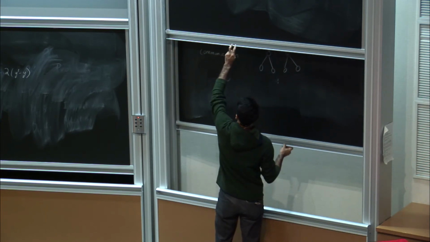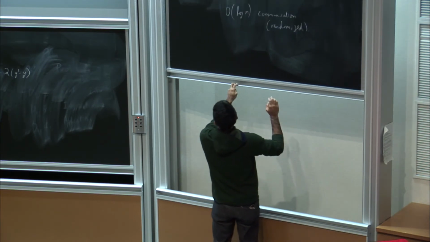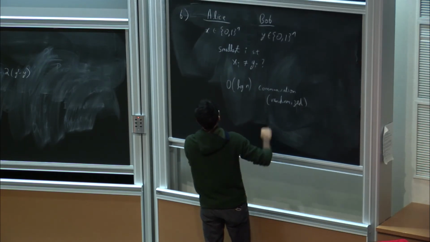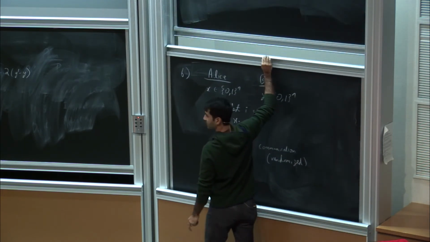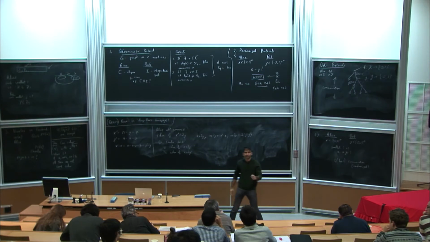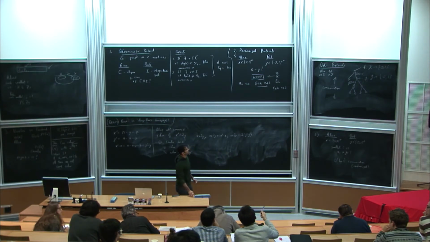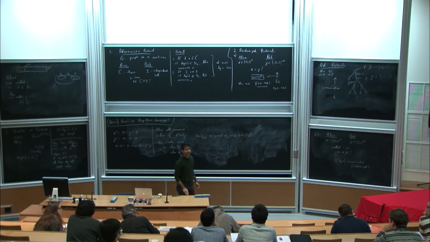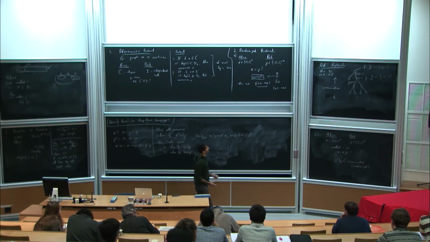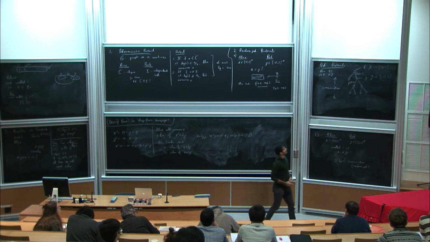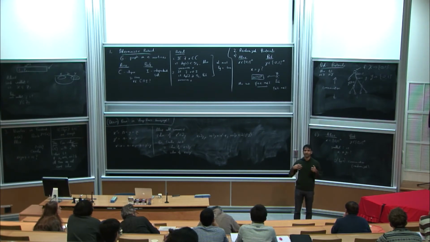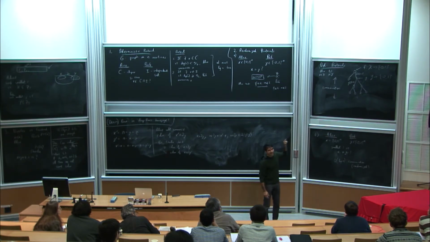So once we have this view, I can tell you a little bit about what the protocol does to the space of inputs. Yeah. How do you describe the tree to communicate a random vector? In the case of randomized protocols, you imagine that Alice and Bob also have a random input. So f will be a function of both x and the random input, and then g will be a function of y and the random input.